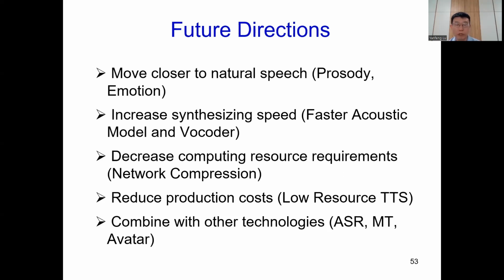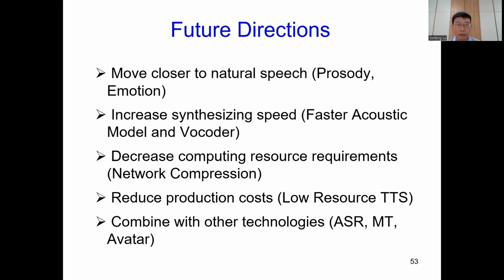A major reason for the higher computing resource requirement of neural TTS is that the network is very huge. If we can reduce the size of the network, then it will require less computing power.